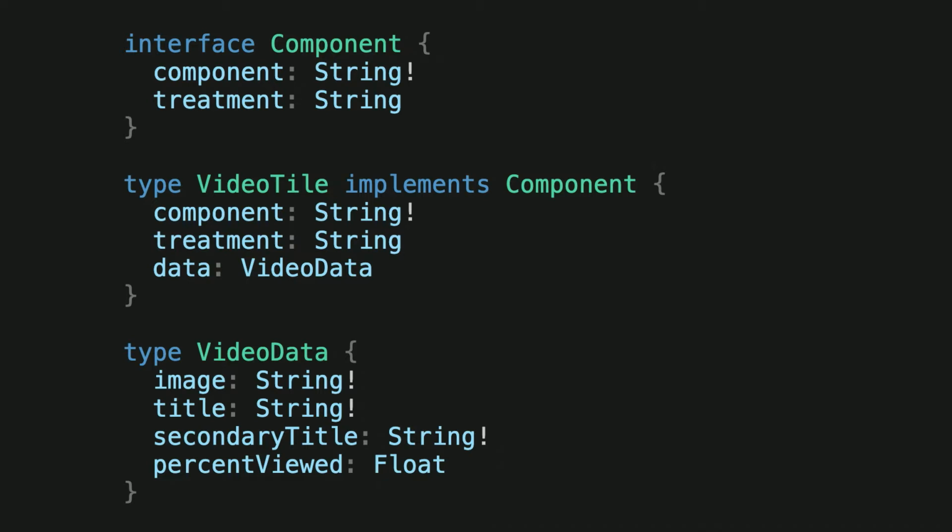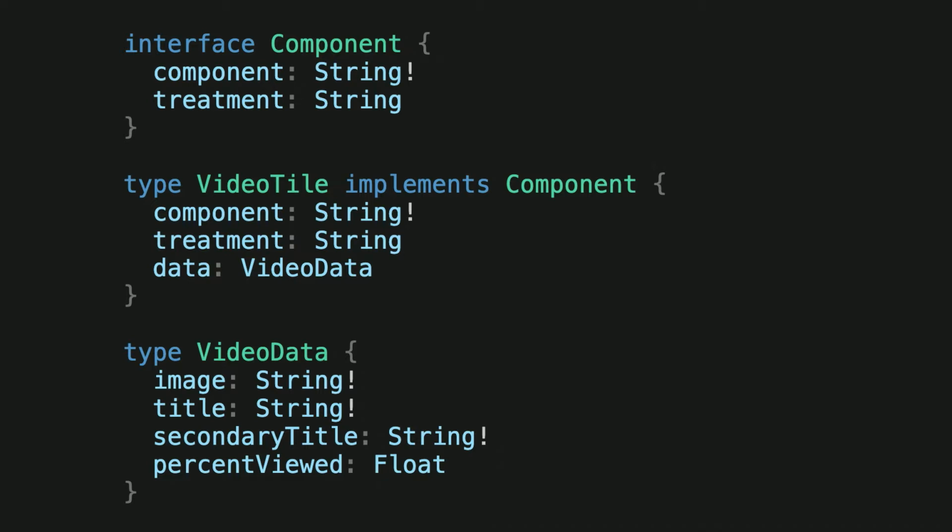So this video tile implements a component, and it might contain a treatment field, which are kind of like our version of CSS classes across platforms, where we can tag a component as a certain variant. And then you'll see that the data field is a different type.